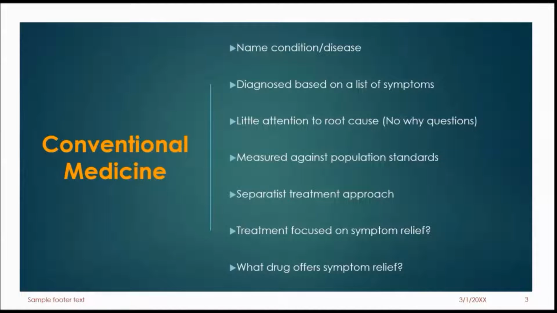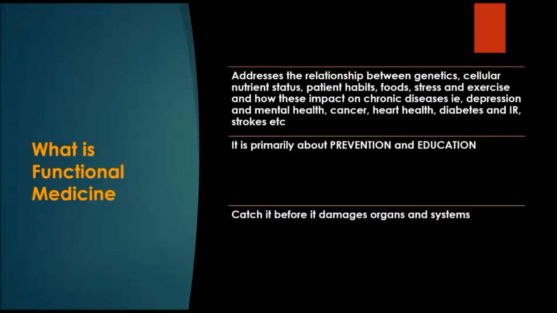On the other hand, functional medicine addresses the relationship between our genes, our cellular nutrient status. In other words, within our cell itself, what is the nutrient status that allows the enzymes to work and the hormones to work and the body to detox properly, for example? Patients' habits, so in other words, what food they eat that they shouldn't or don't eat that they should.